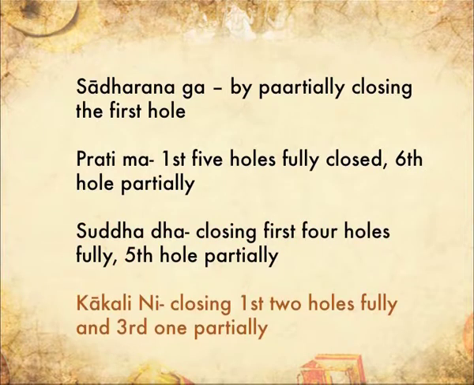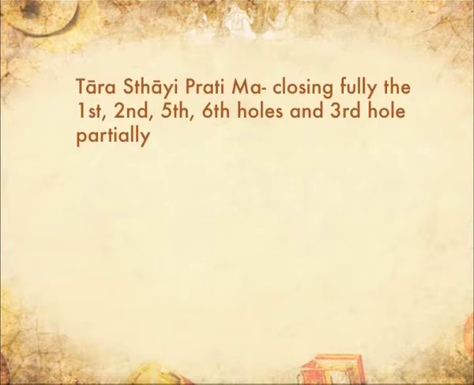By closing the first 2 holes completely and the 3rd partially, Kakali Nishadam is heard. Tarasthai Pratimadhyamam is heard by closing fully the first, 2nd, 5th and 6th holes and the 3rd hole partially.